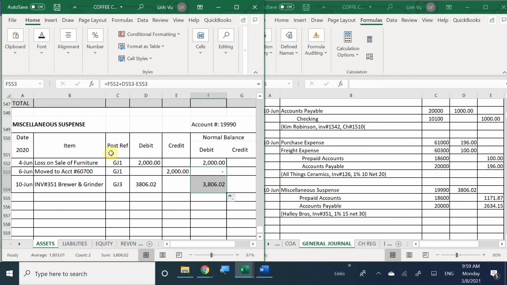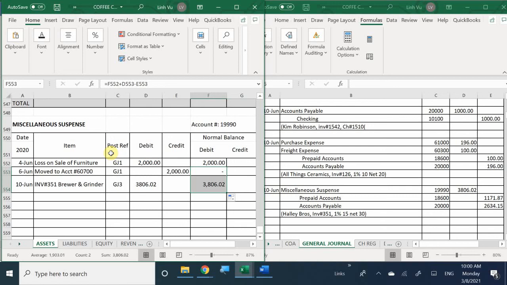So again, remember what our notion is here is that we technically acquired the asset. However, is it ready to be placed into service? Not yet. We still got some fixtures that we have to do with it.